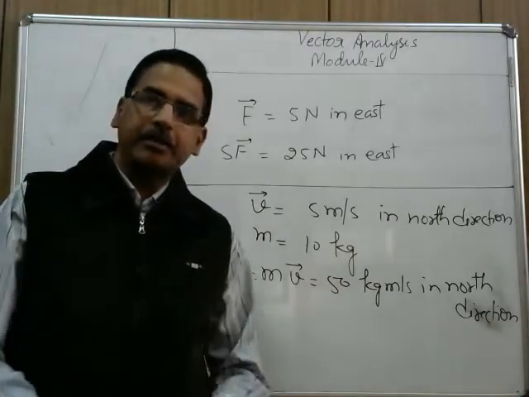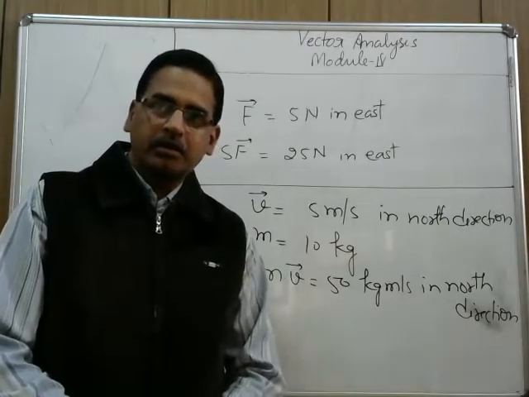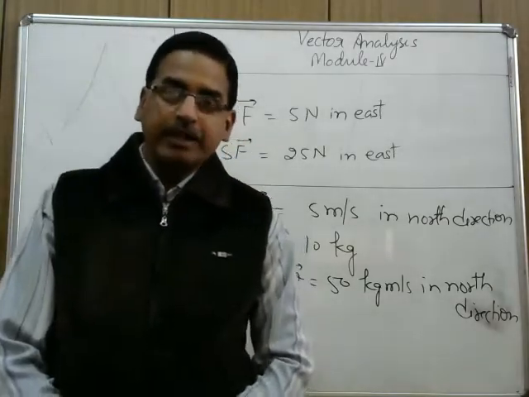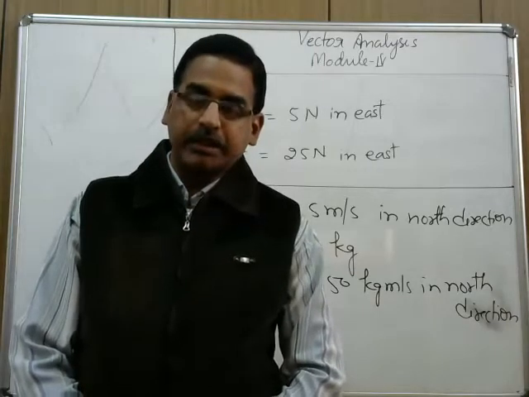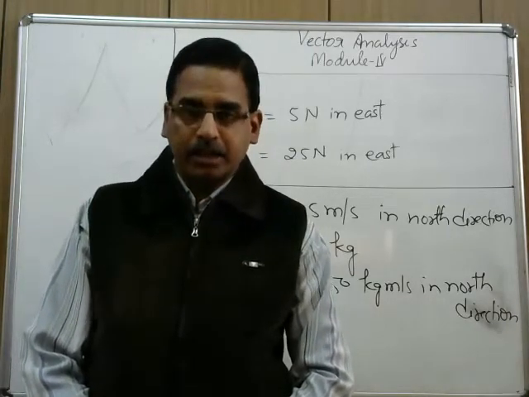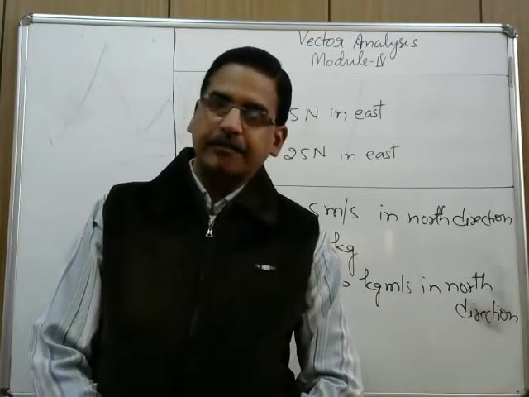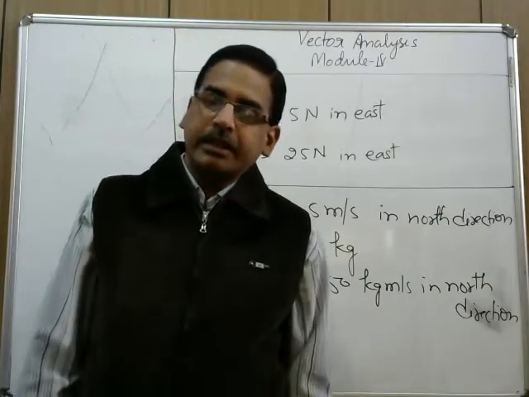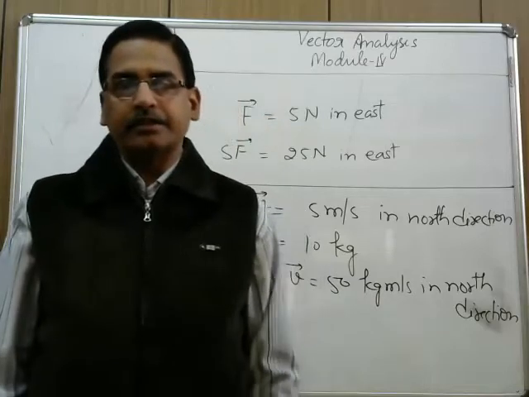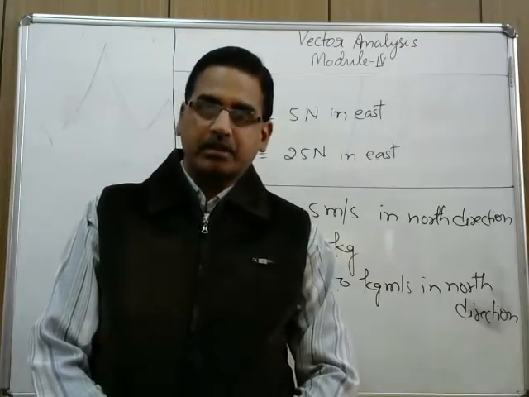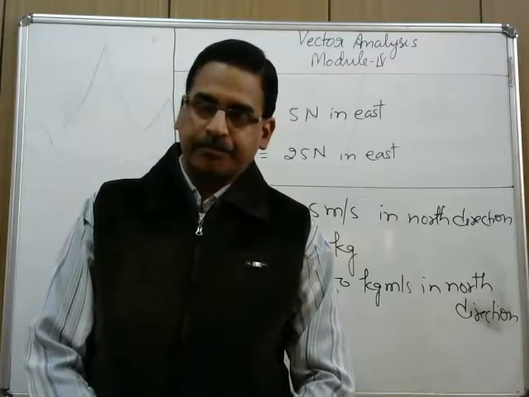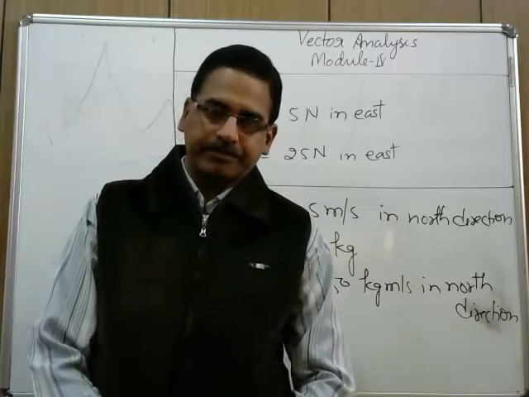Now, what will happen when two vectors are multiplied? When two vectors are multiplied, the resultant may be a scalar quantity or a vector quantity. If the resultant is a scalar quantity, then that multiplication is known as scalar product or dot product.